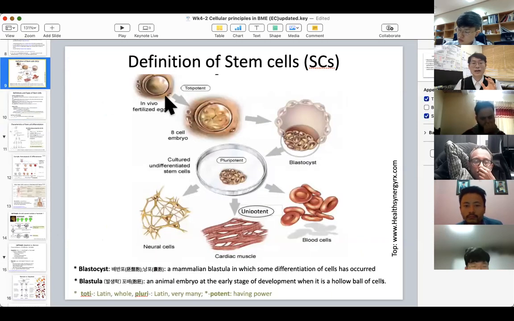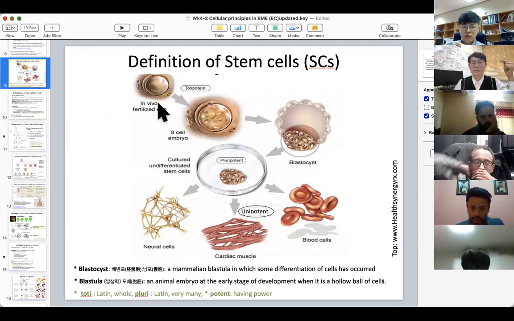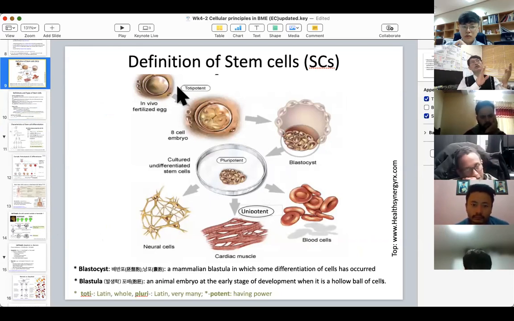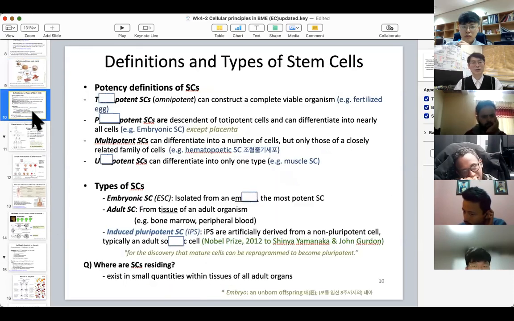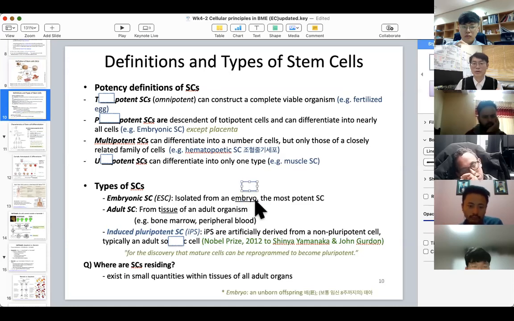Depending on some religious points of view, the way we create stem cells can become ethically problematic, because it depends on when we consider this a human being. Once it's fertilized, from some religious points of view, this can become a small human. So we are destroying it, and that can be the problem. This is what we call the embryonic stem cell, which is isolated from an embryo, okay, which is the most potent stem cell.